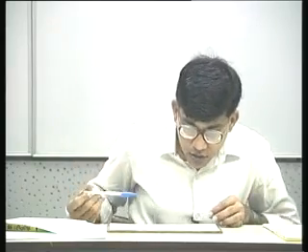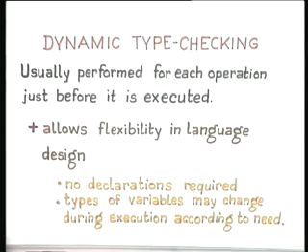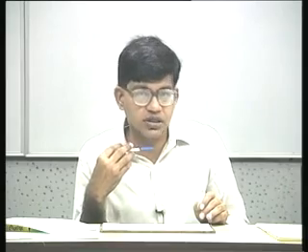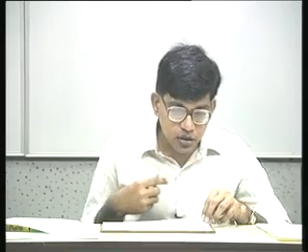Especially, this type of variables changing during execution can be very confusing for very large software. Even for software which is just as large as a compiler, it can be very confusing and debugging can be very hard.